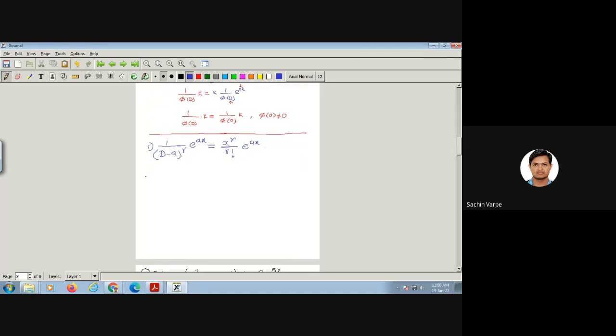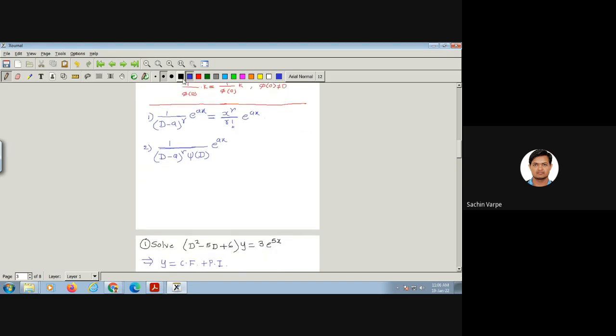And sometimes if one of the factors is a case of failure, like (D minus a) raised to r, and there is one function, say psi of D, for which we don't have any problem.